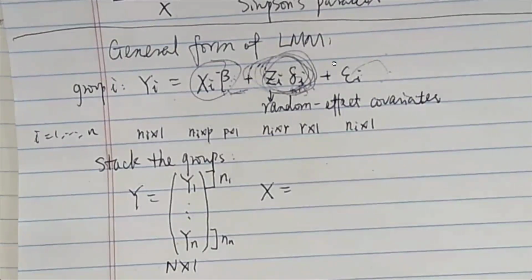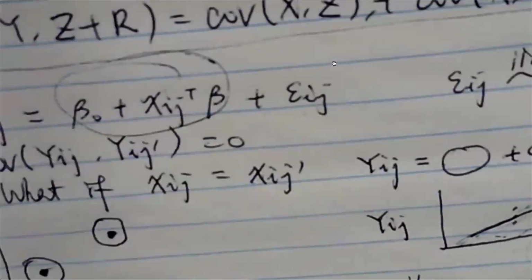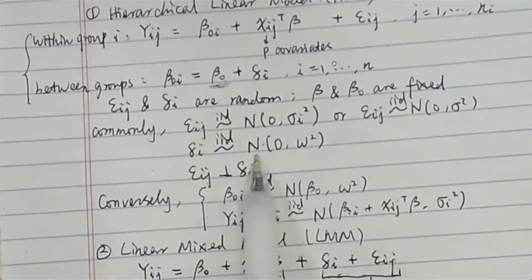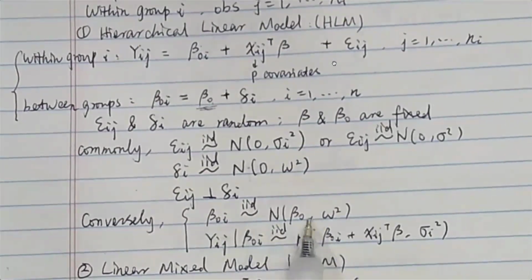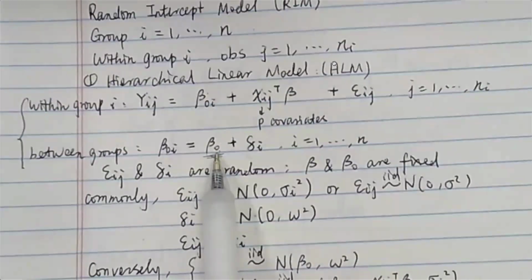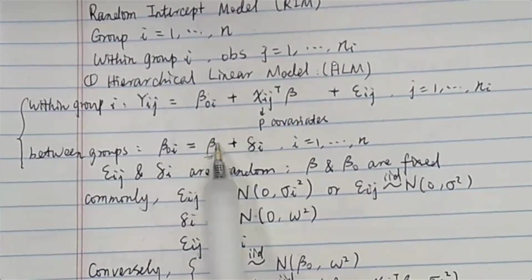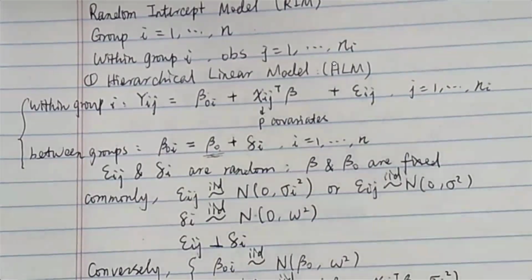There's no common intercept here, right? Beta 0 is the common intercept. So we start from this common intercept. We consider what is different from the common intercept to the group specific intercept. Their difference is the delta.